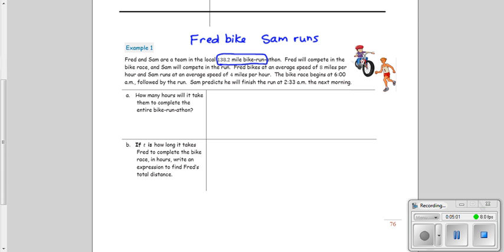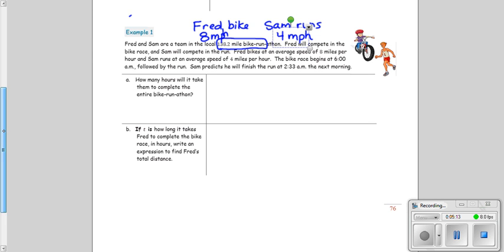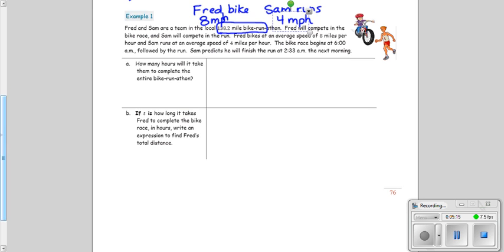We know that Fred's speed is 8 miles per hour, or 8 miles in 1 hour, and we know that Sam runs at a speed of 4 miles per hour, or 4 miles in every hour. How many hours will it take them to complete the bike-a-thon?